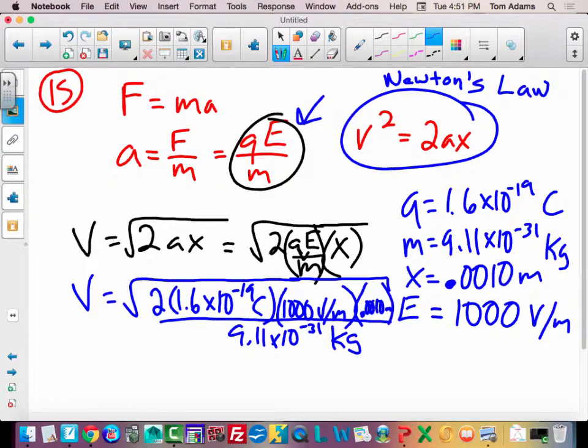We take the square root of that, and if you plug that in your calculator, you should get 5.9 times 10 to the 5th meters per second. And that would be going down, right?